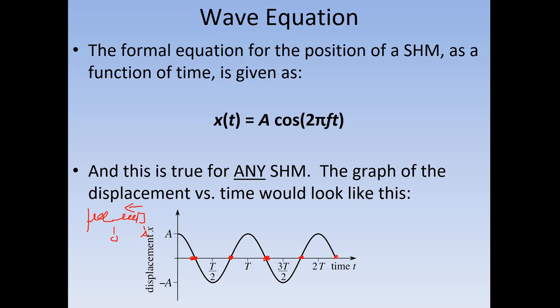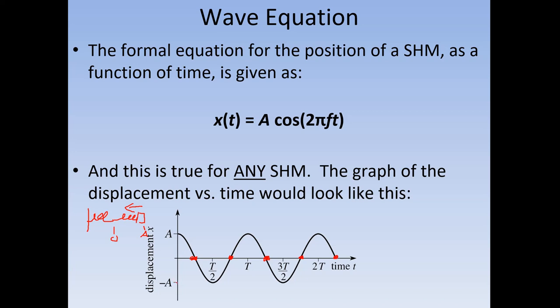Now, there was one thing to remember about position and acceleration: they're, for the most part, in opposite directions. When we are moved to the right, just like with the velocity, the spring is pulling us to the left, trying to pull us back to equilibrium. So we're going to feel an acceleration in the other direction. When it goes to the left-hand side, it's going to feel an acceleration to the right.